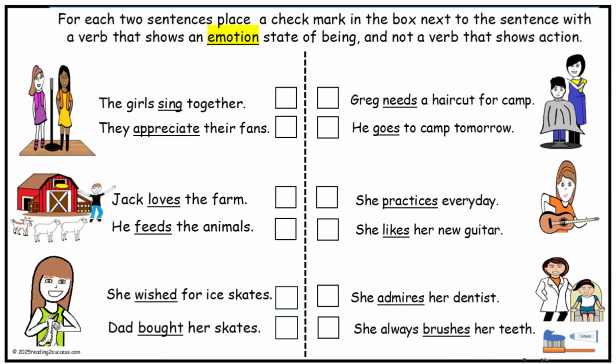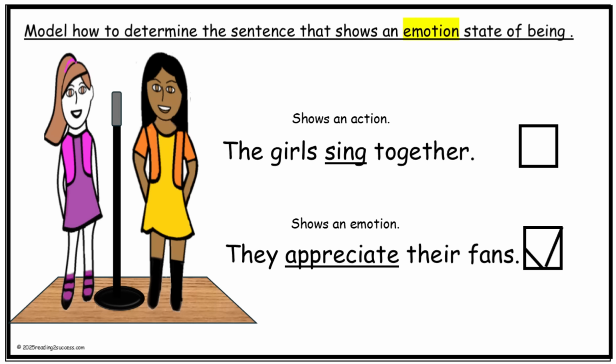As previously completed, follow the same routine for this practice page. Kids need to place a check mark in the box next to each sentence with a verb that shows an emotion, state of being, and not a verb that shows action. Again, model for kids how to determine the sentence that shows an emotion, state of being.